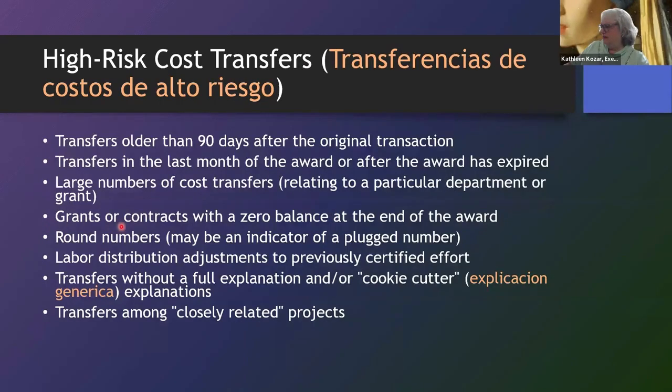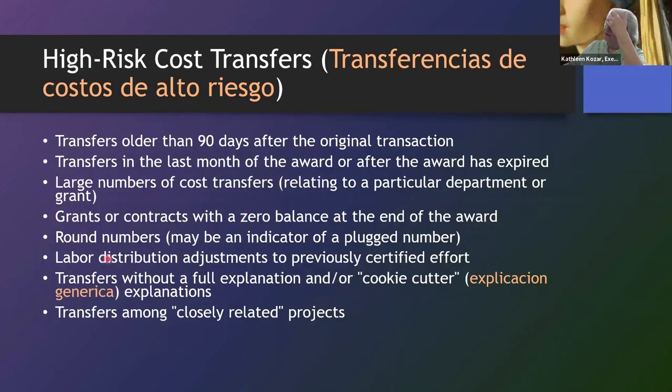Another red flag is when you are closing out an account and there is a zero balance. It's really, really difficult to have a zero balance at the end of an award. It might cause someone to look and say, how was it so easy for this grant account to come up with everything spent to the very, very penny?